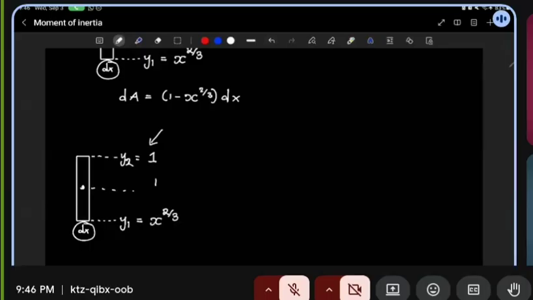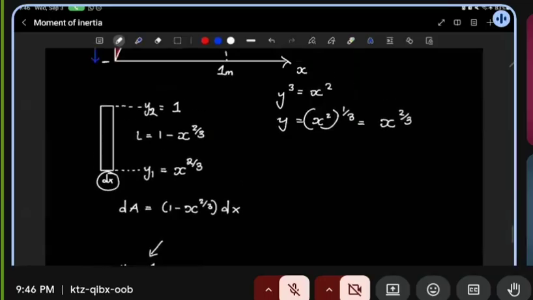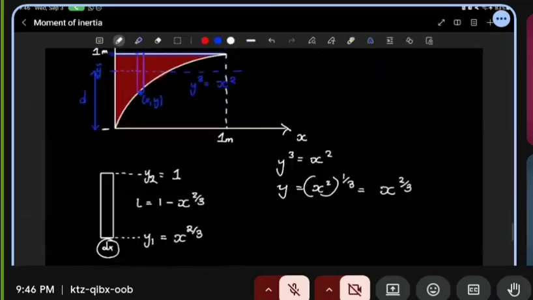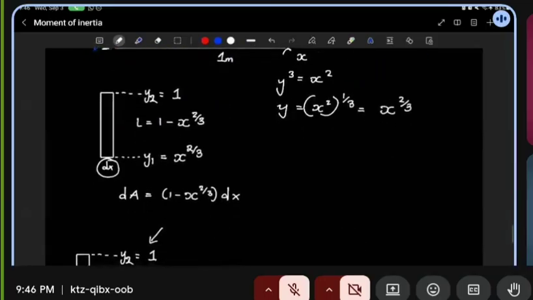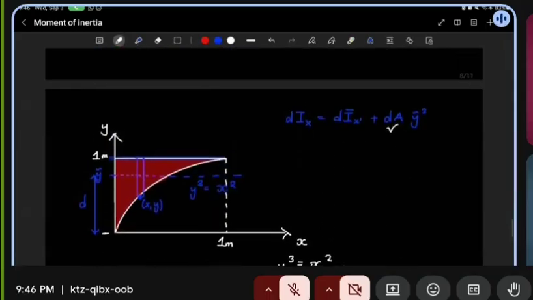So we'll have 1 plus x to the power 2 over 3, we've added them, then divide by 2. This will tell us exactly where the middle is. So this is how we get that midpoint. So we have obtained what y tilde is.